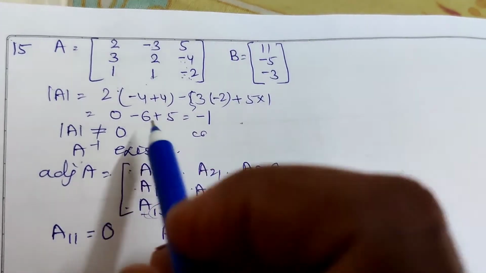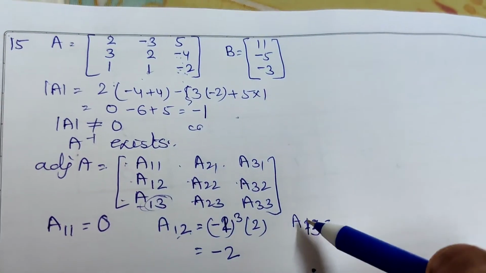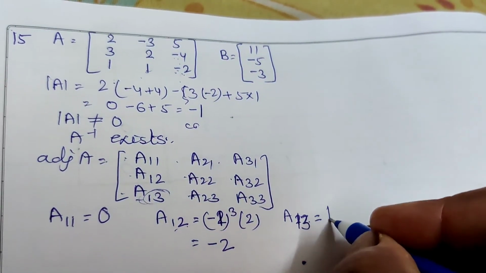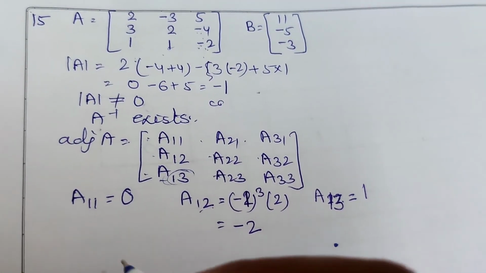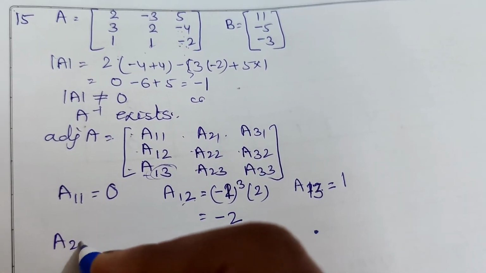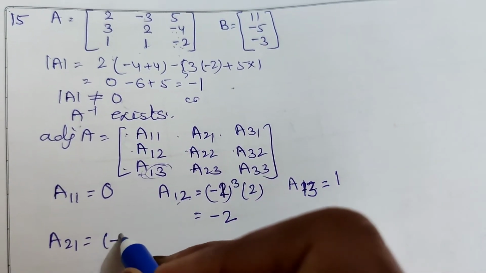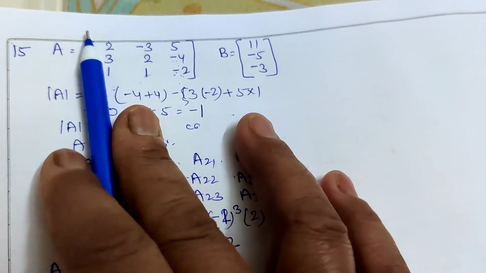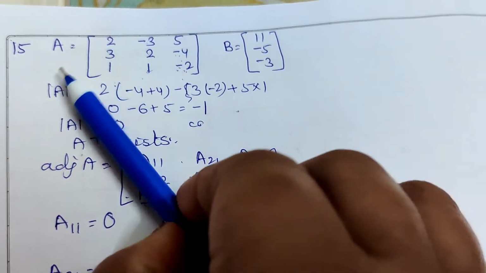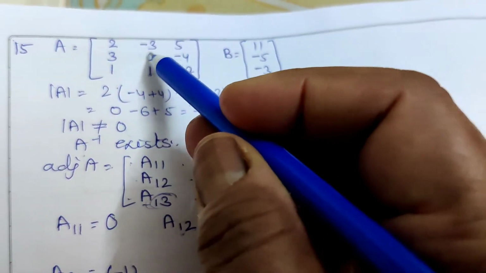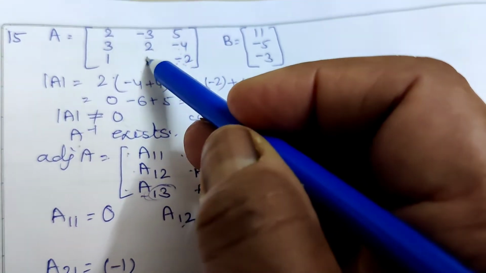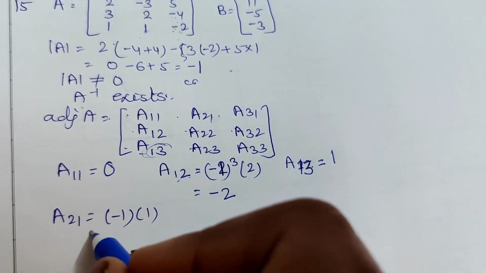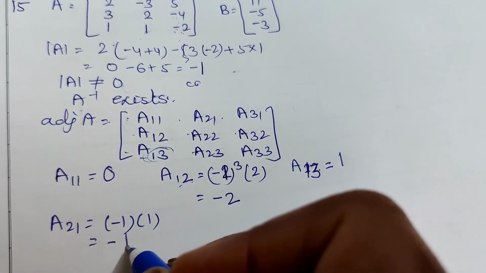First row, third column. This will be the 1, 3 position, meaning a positive value. 3 minus 2, it is 1. Now A21. A21 means minus 1 multiplied by the determinant after eliminating the second row and first column. You will get minus 3 into minus 2, 6, minus 5, it is 1. The value of A21 is minus 1.